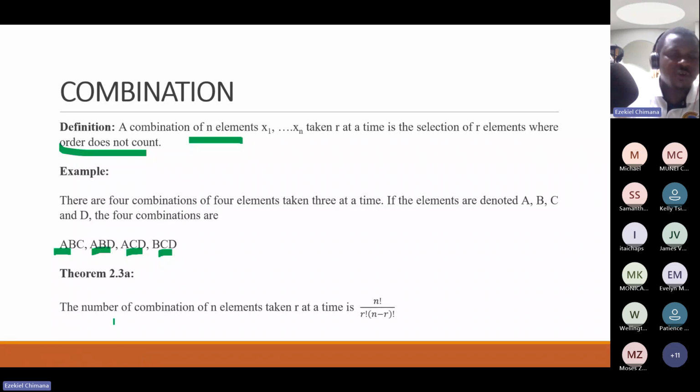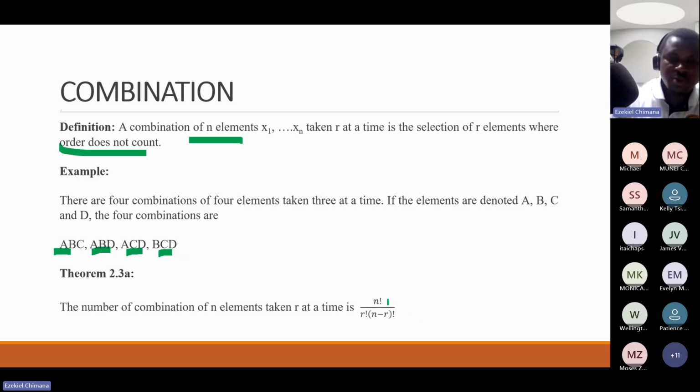If you want to find the total number of combinations of n elements taken r at a time, the formula is simple. It's n factorial divided by r factorial times n minus r factorial. That's the formula for finding the total number of combinations that you can form from a given alphabet.